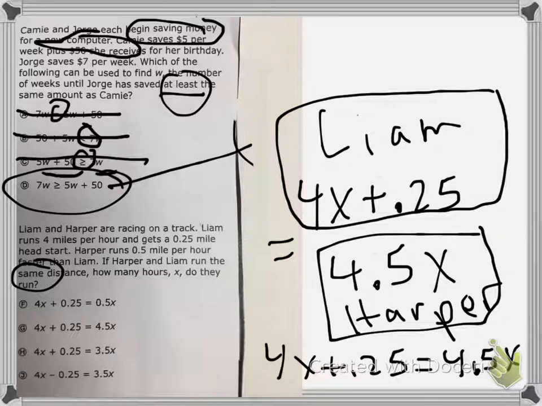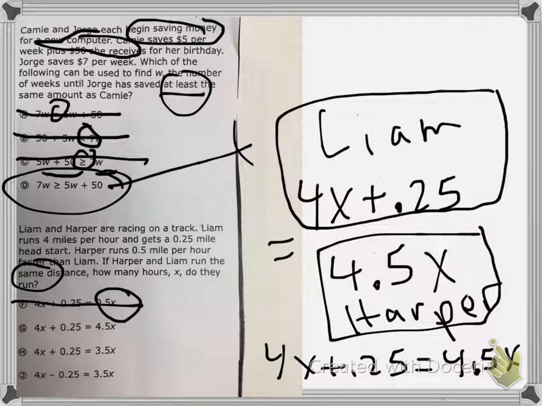All right, so I want to look and match them up. Well, letter F has 4x plus 0.25, which matches Liam. But if I look on the other side, this one does not match Harper. So that one can't be right.